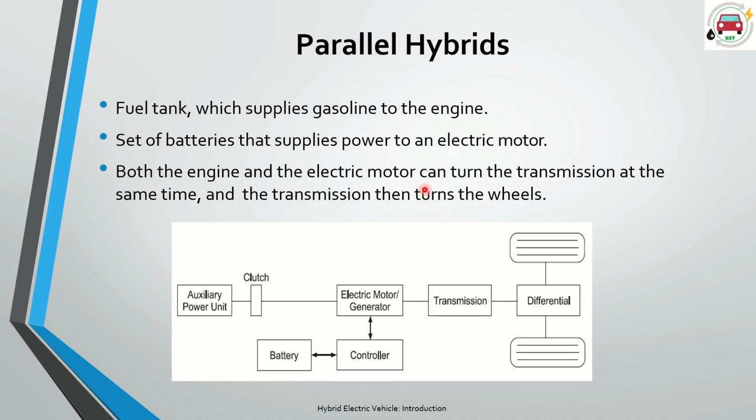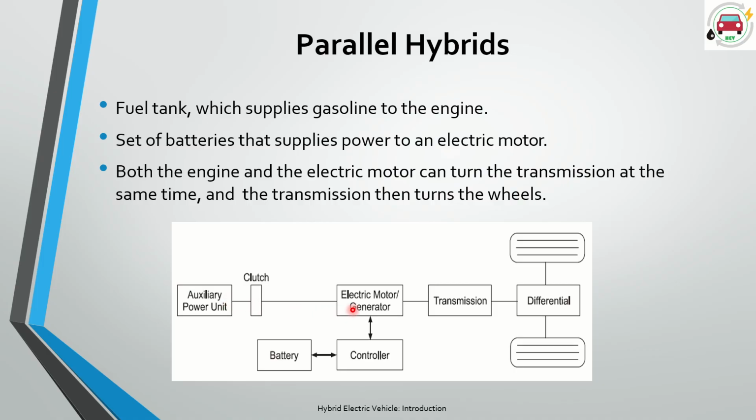How is it possible? We have the clutch over here. Whenever we engage the clutch, the electric motor also runs and gets some battery current, so it is adding torque and motion to the auxiliary power unit.